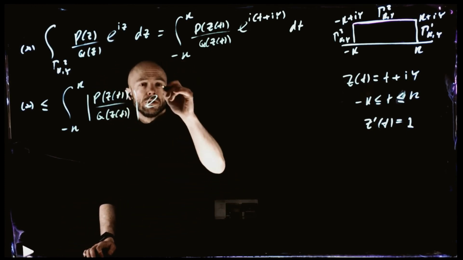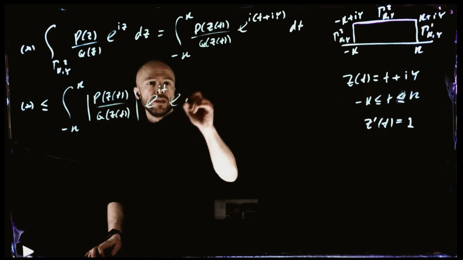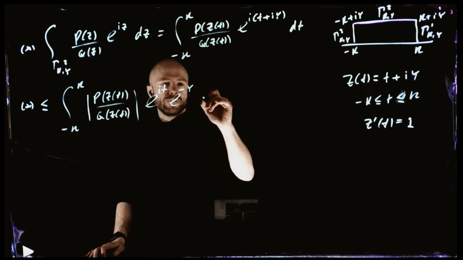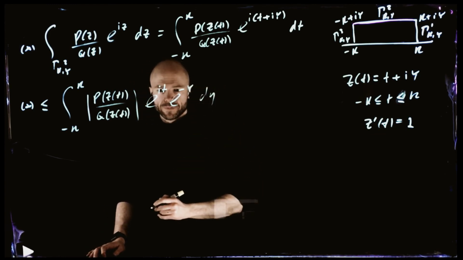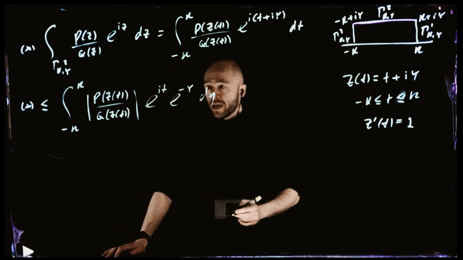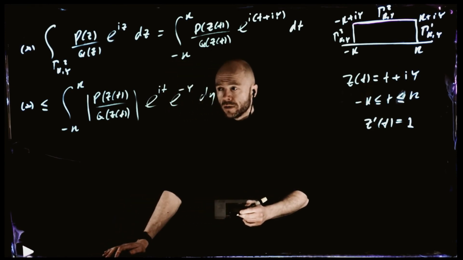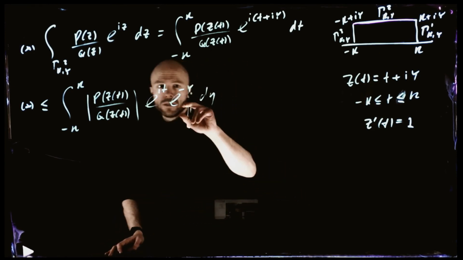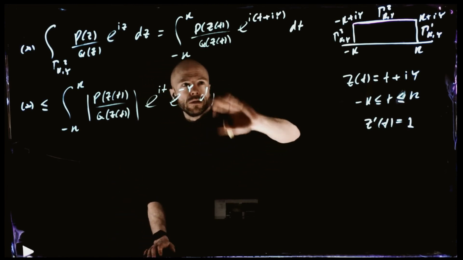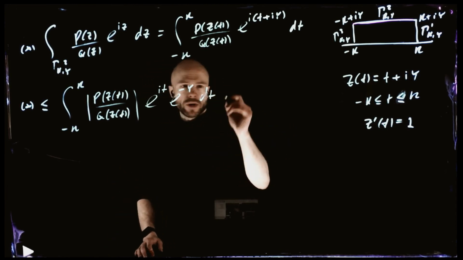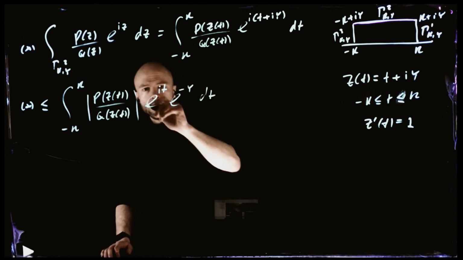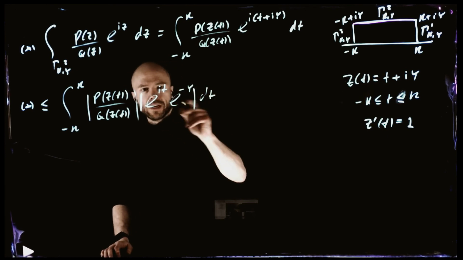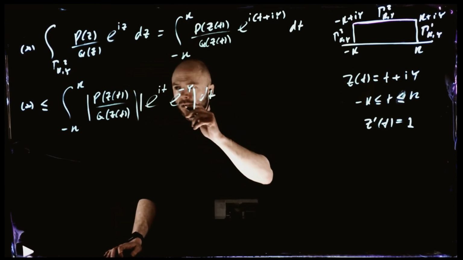We have e to the it and then e to the minus y. Cool. And then we are in pretty good shape because this e to the minus y we can just pull directly out. This thing, that's the absolute value here, is a unit vector, that's not going to change anything.